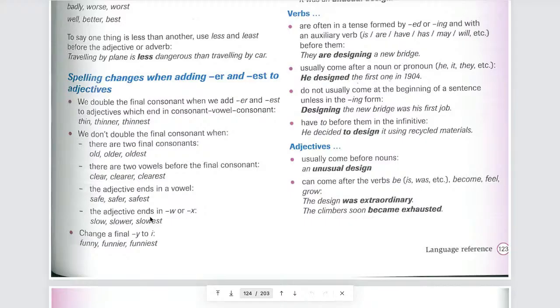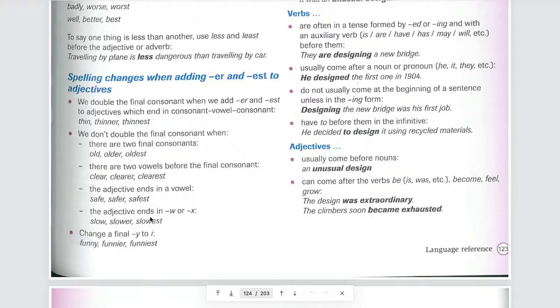So you don't need to really remember this rule either. Okay? Because these words you just need to learn by heart. You know, slower. We don't need to double W. That's it. Easy, right? Compare with learning so many rules. You just learn this simple word. It is much easier because we don't have so many cases like that. You understand? Yeah.